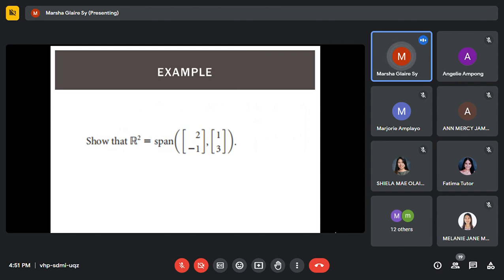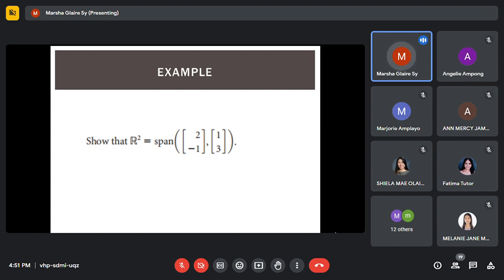Show that R^2 is equal to the span of the vectors (2, -1) and (1, 3). So in this example, we need to show that an arbitrary vector (a, b) can be written as a linear combination of (2, -1) and (1, 3).